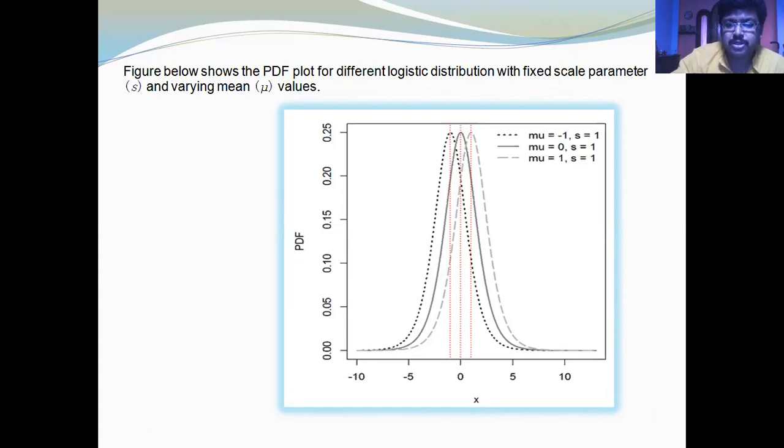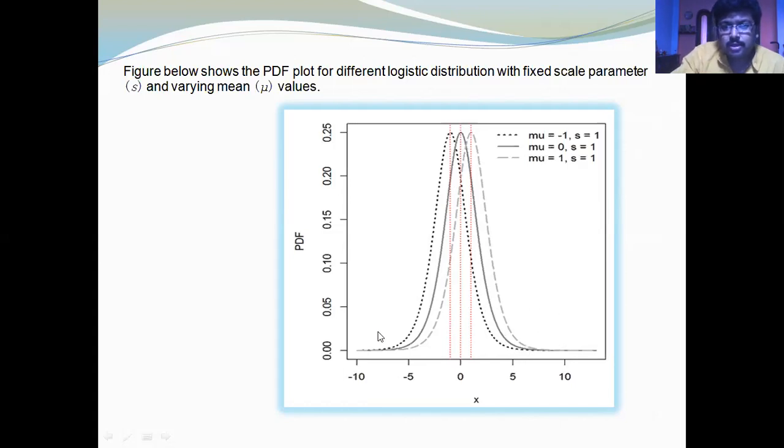When the location parameter is -1, you can find this type of logistic distribution curve, this dotted line. And when mu, the location parameter, is 0 and the scale is 1, then the solid line is the curve of the logistic distribution.